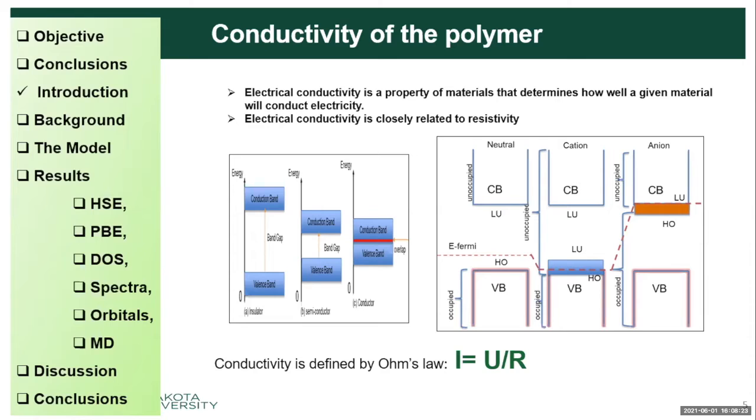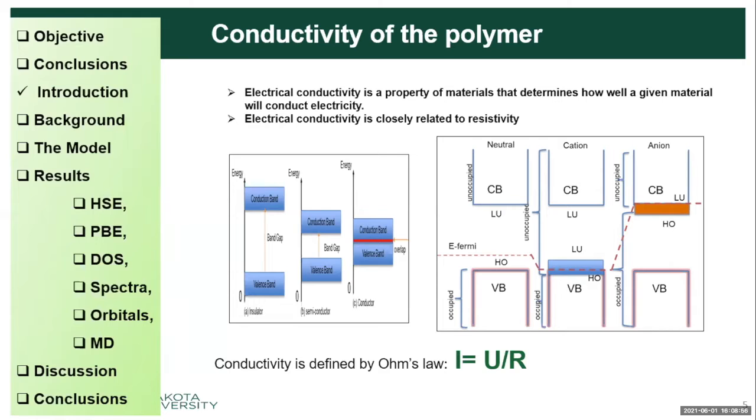All kinds of conductive materials normally follow Ohm's law, which is written here: I equals U by R. Here I is the current through a resistor, and U is the drop in potential across that resistor.